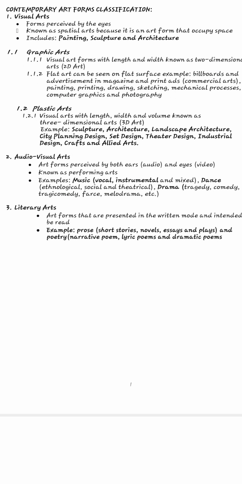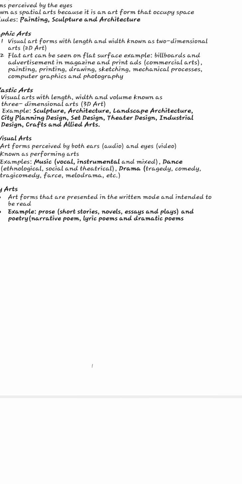The last art form in the classification of contemporary art is literary arts. Literary means it is a work composed of words. These are art forms presented in written mode and intended to be read.